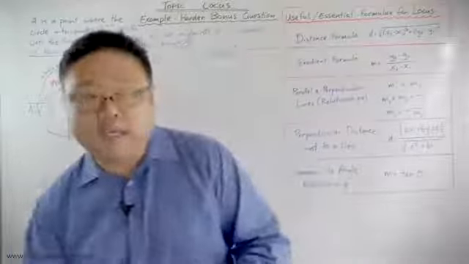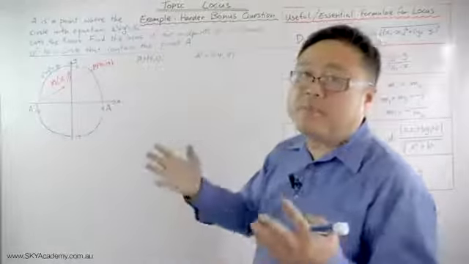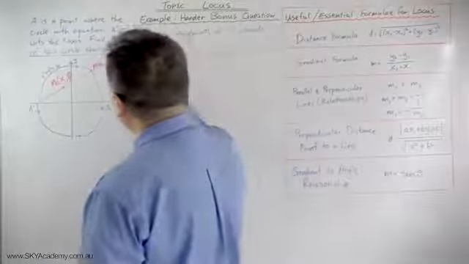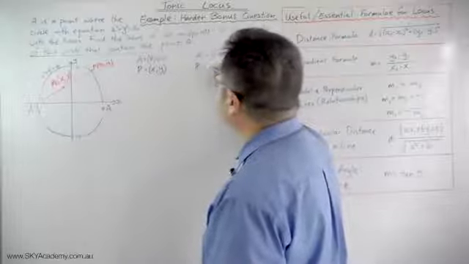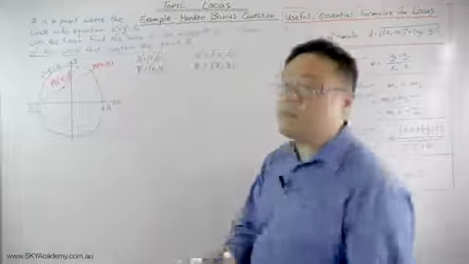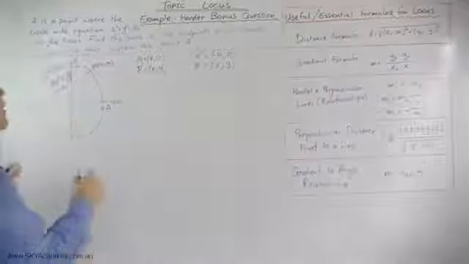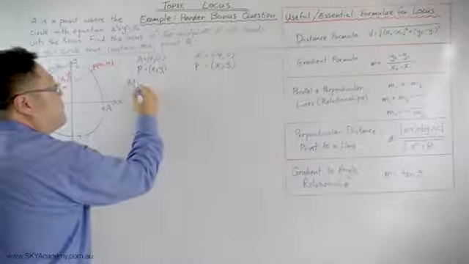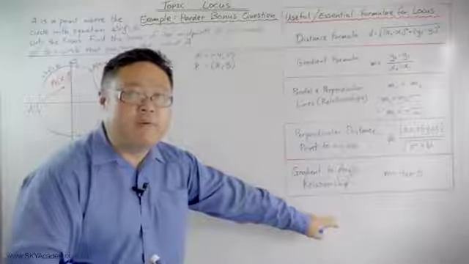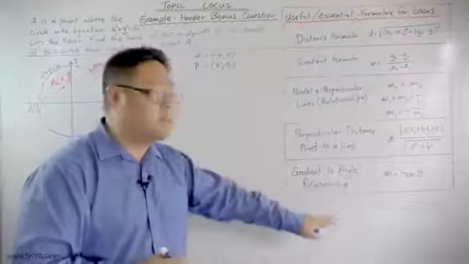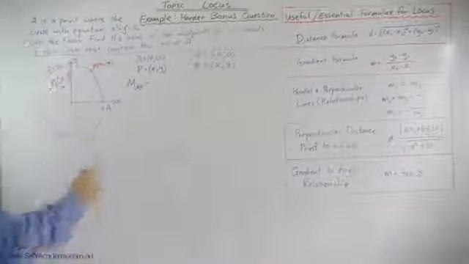Got it? All right, so here's what we know. A is the point (4, 0), A dash is the point (-4, 0), and point P is the point (x, y) in both cases. Let's work out the coordinates of point M. M for AP, and we use the midpoint formula here. I should have actually written the midpoint formula, silly of me to leave it out, because sometimes we will need to use it, like in this particular case.